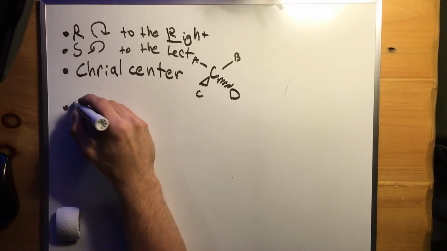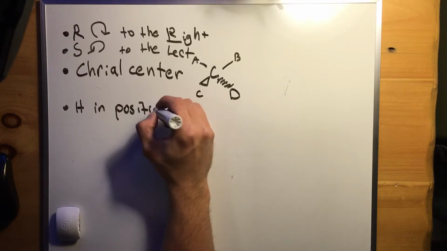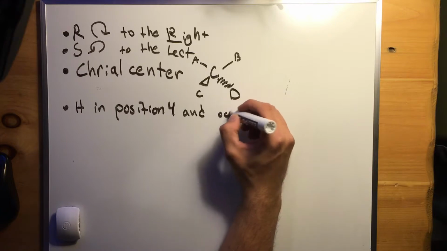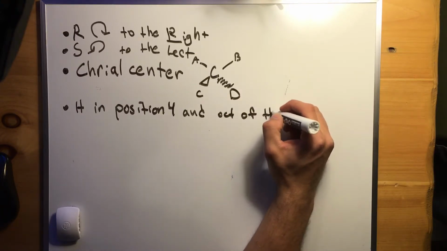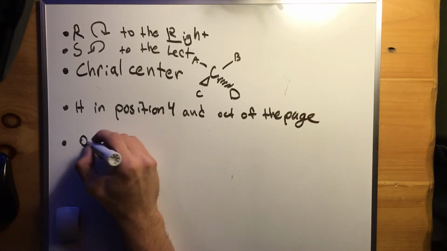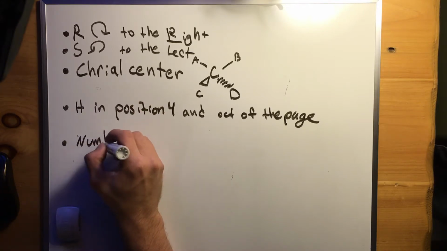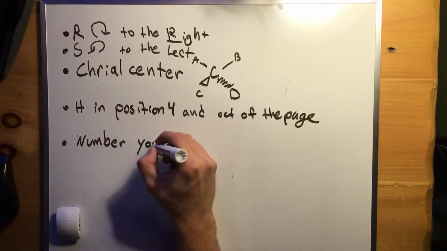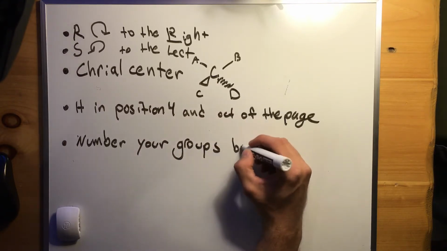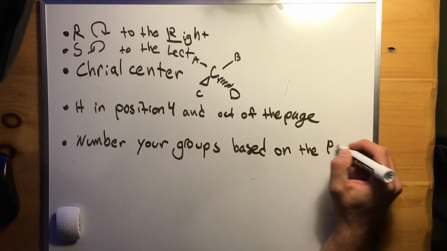Also, we like to have hydrogen in position 4 and out of the page. Next, you're going to order, or let's just say number your groups based on the periodic table.